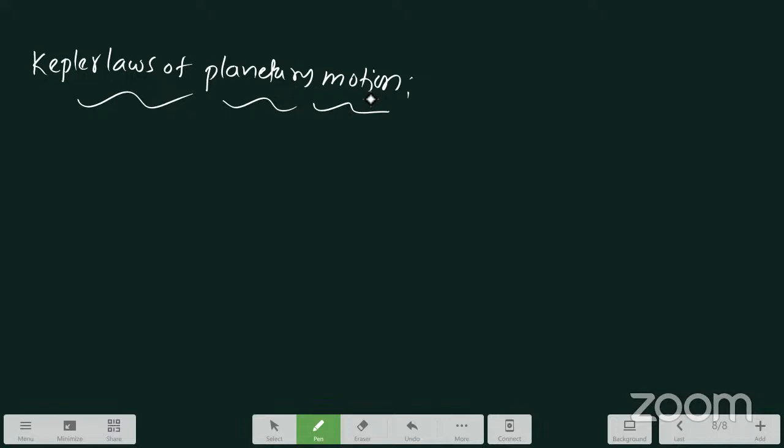John Kepler suggested three laws. The first law we call the law of orbit. Next, the law of area. Third one, the law of period, time period. First, the law of orbit.